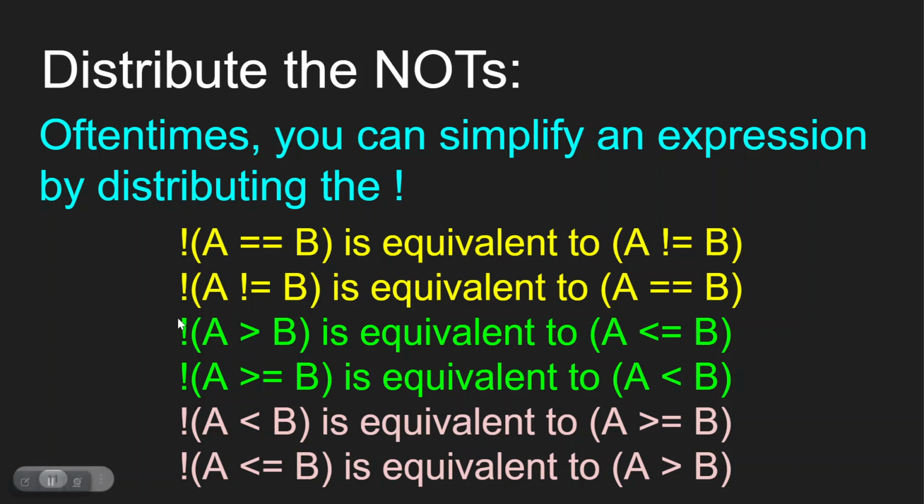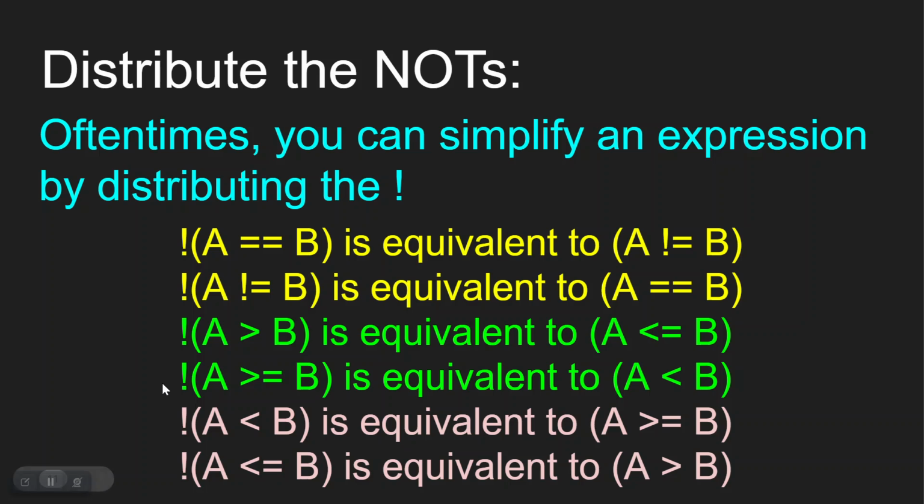And then it's also useful to know that if you have not (A is greater than B), that is equivalent to just saying A is less than or equal to B, because if something is not greater than something, then it must be less than or equal to it.